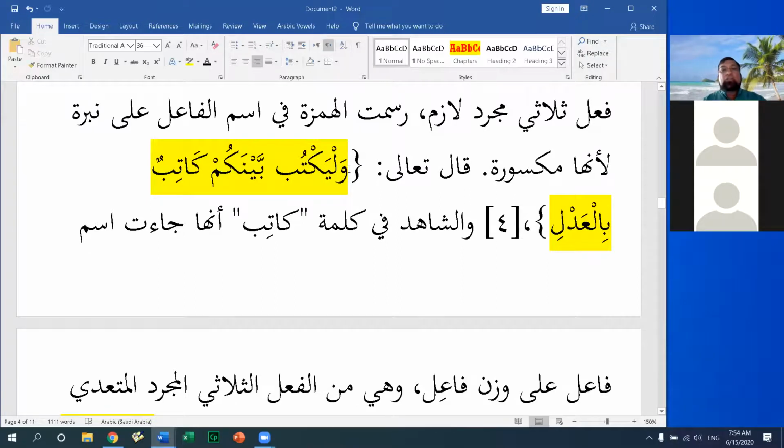Allah says in Quran also, وَلْيَكْتُبْ بَيْنَكُمْ كَاتِبٌ بِالْعَدْلِ. كاتب is ism al-fa'il from كتب. كتب فهو كاتب. And let a writer, كاتب, write between you with justice.